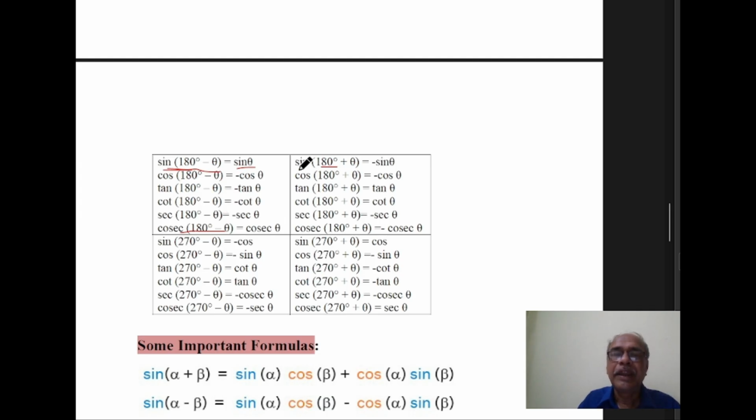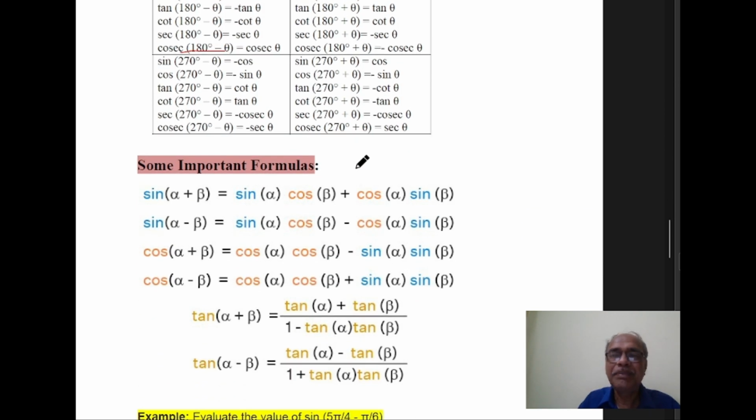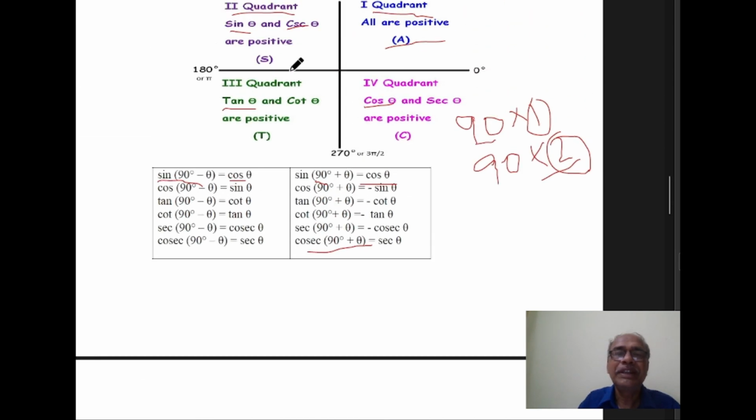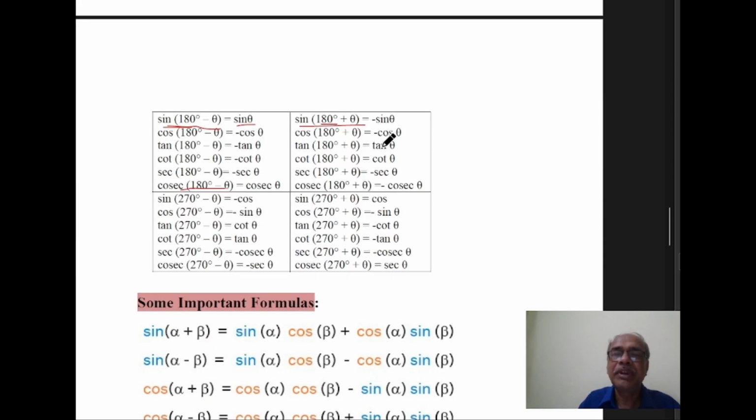Now 180 plus theta. 180 plus theta, you see, means this quadrant, third quadrant. Third quadrant, which one is positive? Tan and cot. Here you see third quadrant, tan and cot are positive.